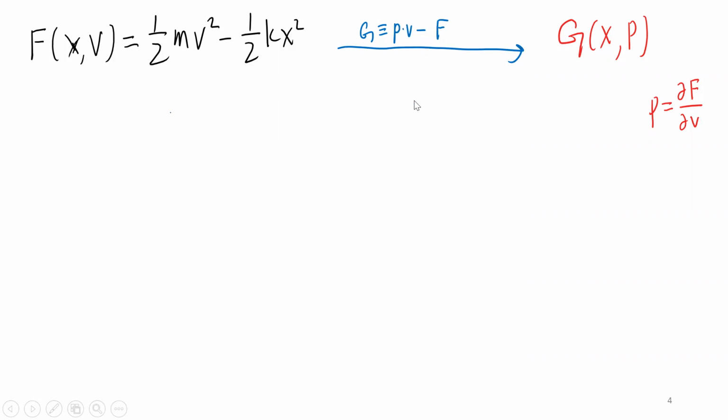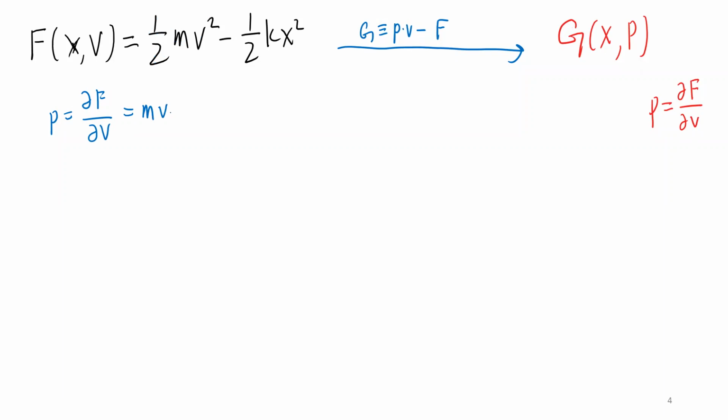So first of all, let's figure out the p. Over here, p is this partial f partial v, and you can easily see that this is just taking the partial derivative of the first term only, and this is simply m times v.